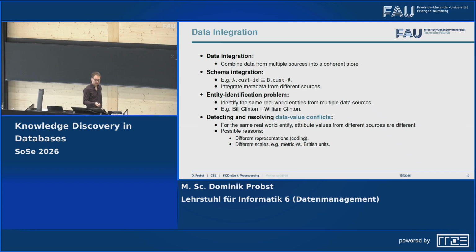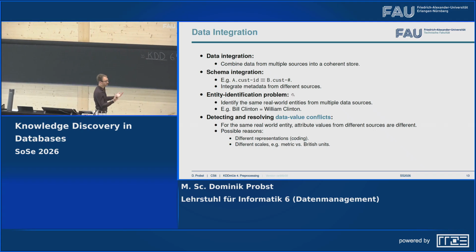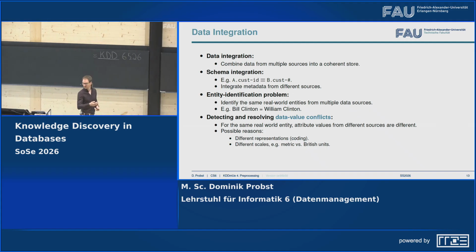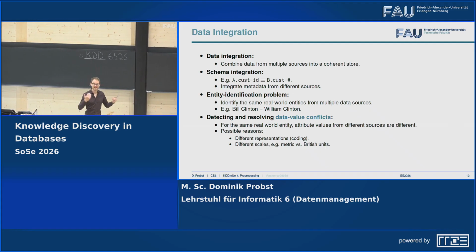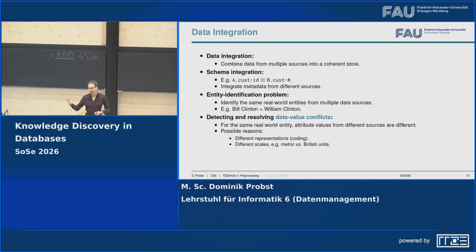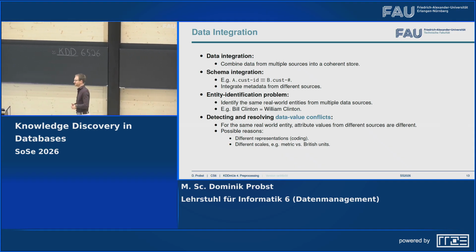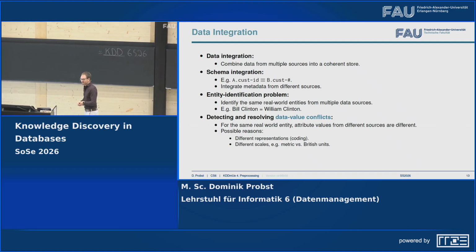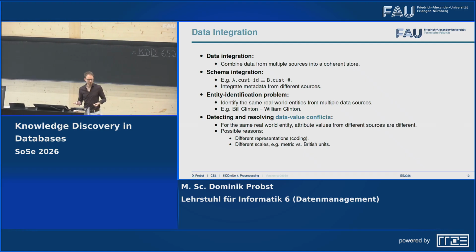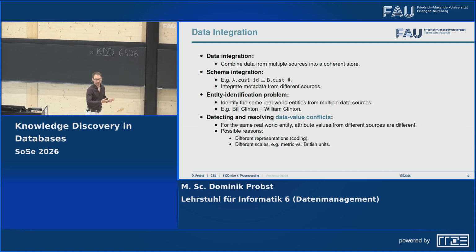There is also a problem that we might have real-world entities that are the same in both sources, but that are named differently. For example, Bill Clinton or William Clinton, American president, are the same person. But it might also happen with products, for example.